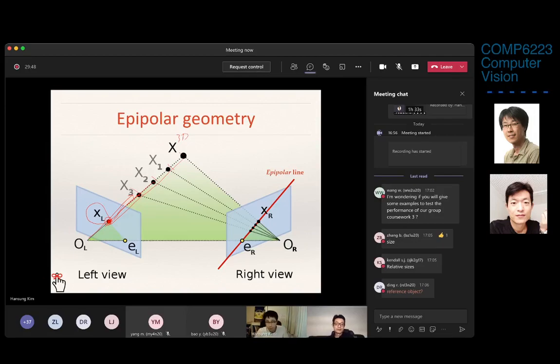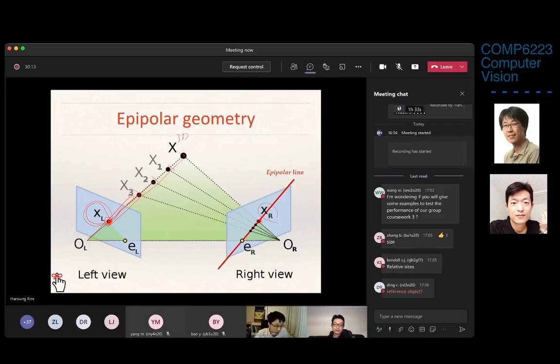But if you have one more camera, if you take the scene from a slightly different location and slightly different direction, then you can get it. If X is projected here in this camera, it should be projected here in the other camera, right? And the projection points here and here must look quite similar.